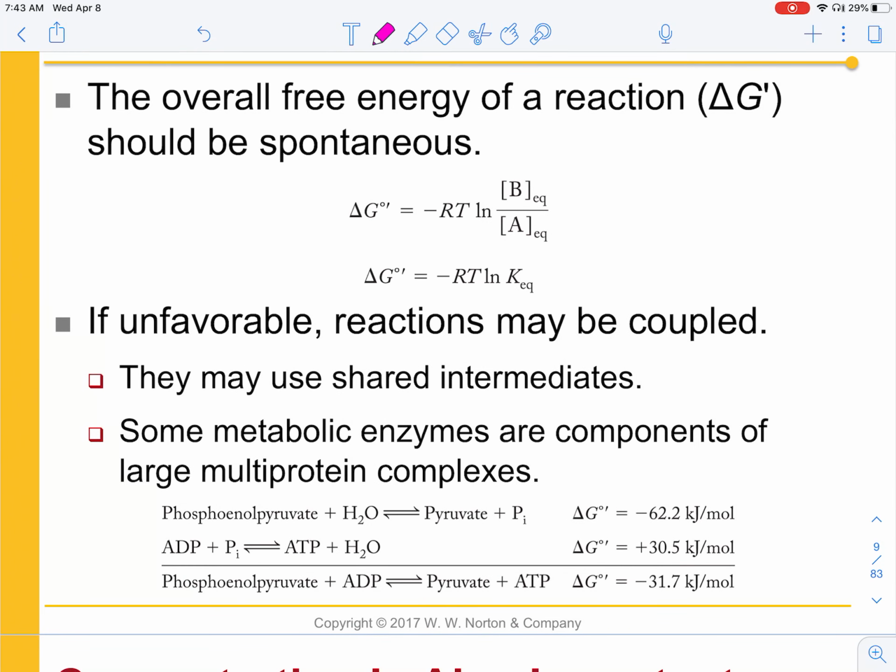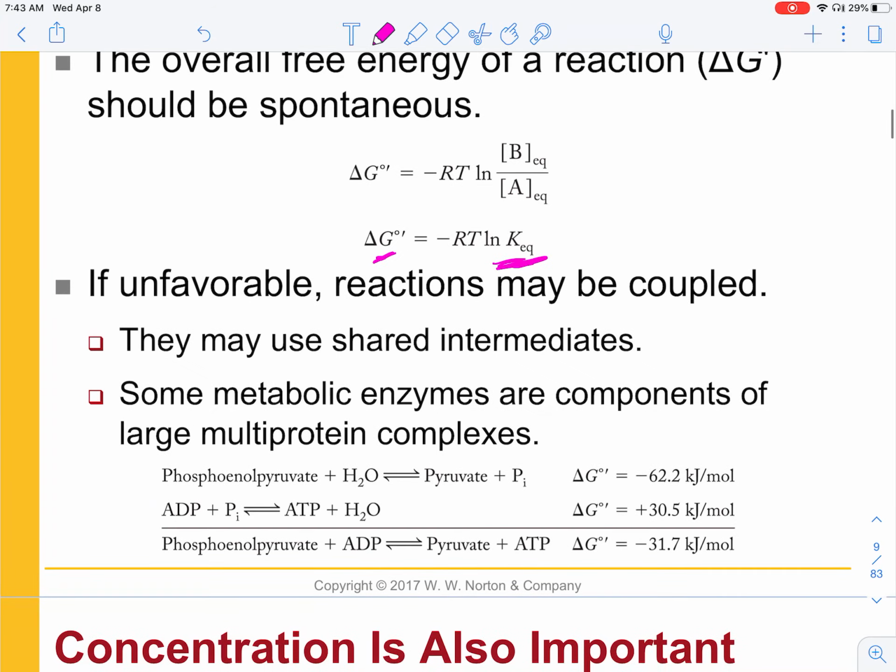All of this is centered on our old friend, the delta G. If we go back to our first principles, we can define delta G prime, which is related to the Keq, and if the delta G is negative, it's an exergonic reaction.